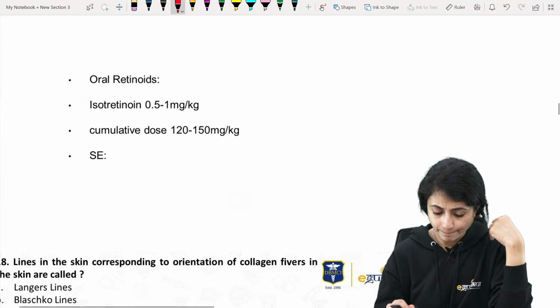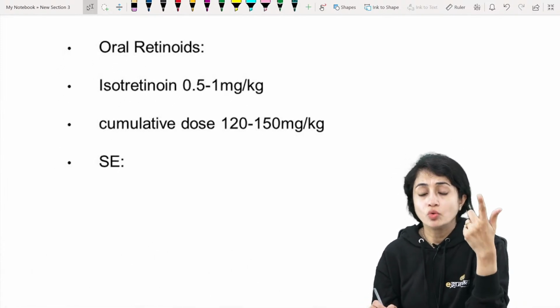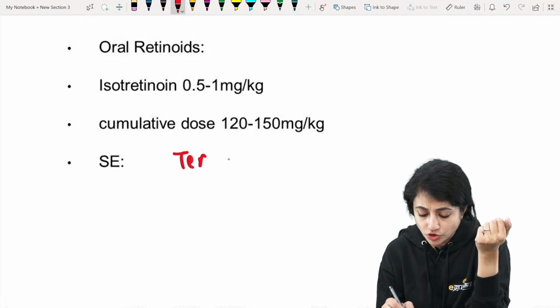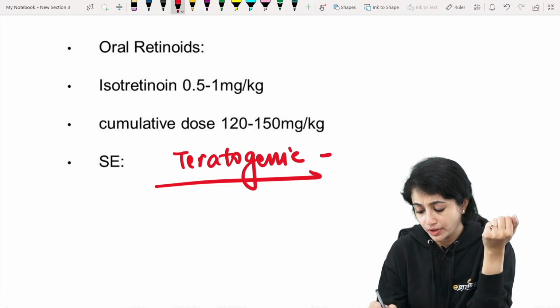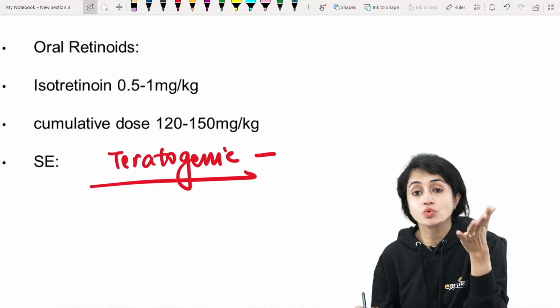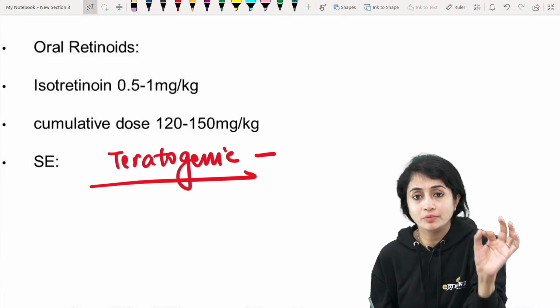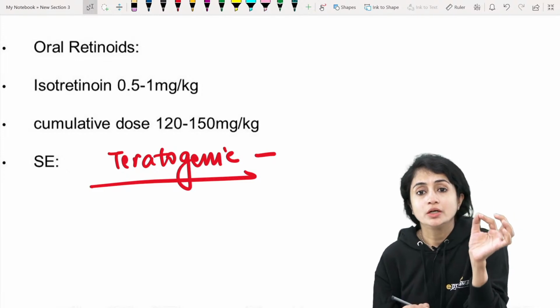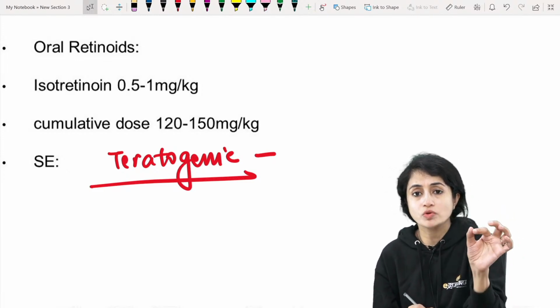Okay. A word about oral retinoids that you should be knowing about. Oral retinoids are teratogenic, and so you will never prescribe them in females who want to conceive. You can prescribe it in the childbearing age group with appropriate contraception advice. So you have to remember this.